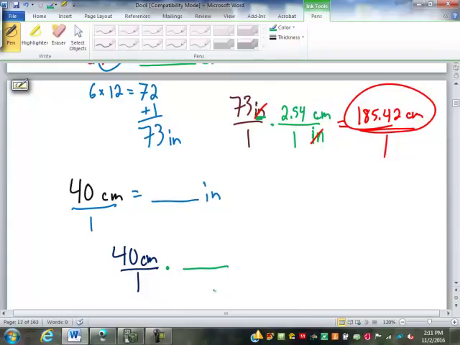So what unit goes on the bottom here for our unity fraction? Centimeters, good. So the inches have to go on top. 1 inch is 2.54 centimeters, so the centimeters cancel out. 40 times 1 inch is 40 inches. 1 times 2.54 is 2.54.